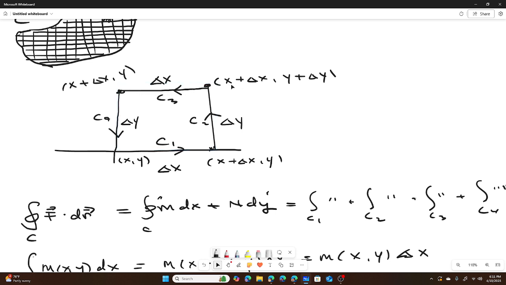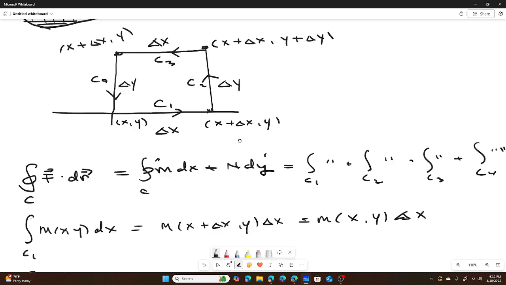And we're thinking about this value, as delta x approaches 0, that's going to be our vector field. We're going to focus only on the m direction.